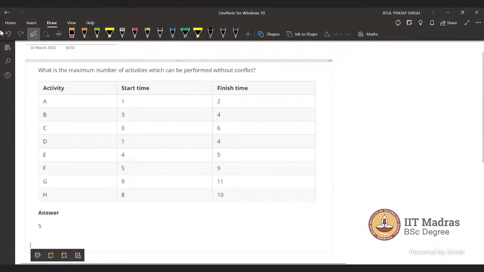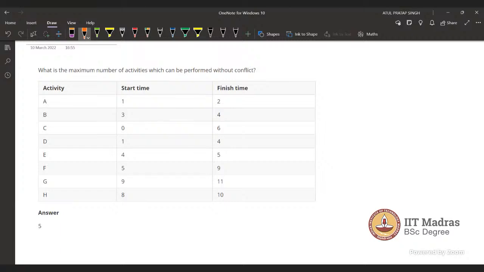This is the simple A, B, C, D problem. First, we sort these activities according to their finish time. The first is the one with the shortest finishing time, which is 2, so 1 to 2.